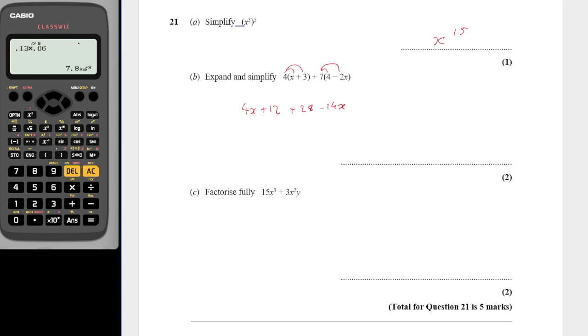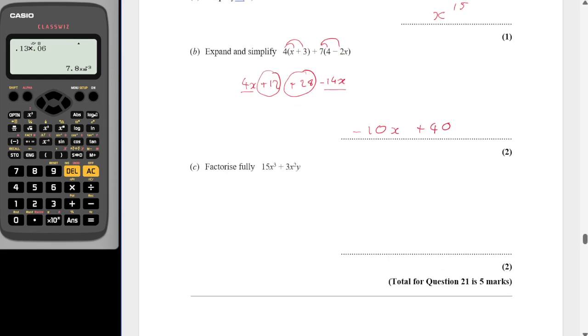I have a habit of writing my x's first, so I'm going to write that as minus 10x, and then my number part is going to be, including the operator, plus 40. And obviously 40 minus 10x would also be absolutely fine.